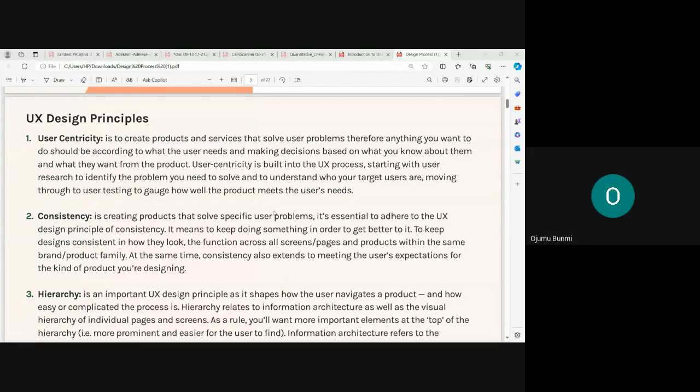I said we should all download Figma software and create an account on Figma, so that by the time you want to do anything on Figma, you won't have to start waiting or learning how to create accounts. You just go straight to the point. So that's what I said.